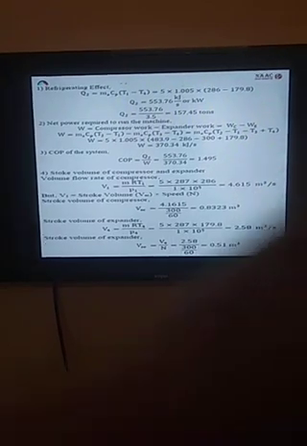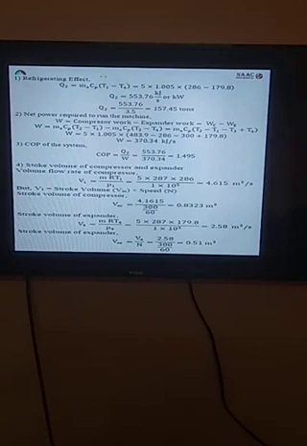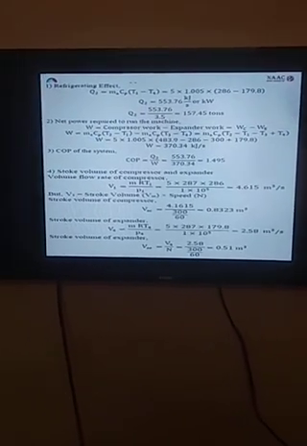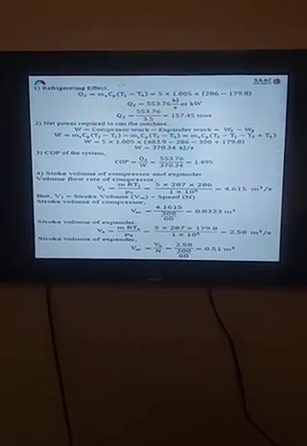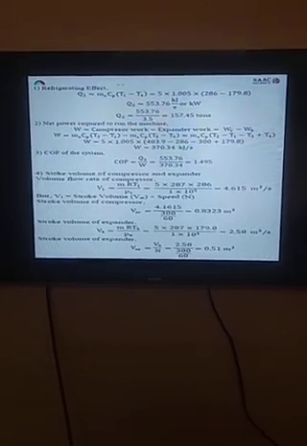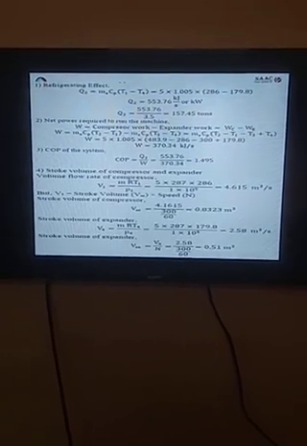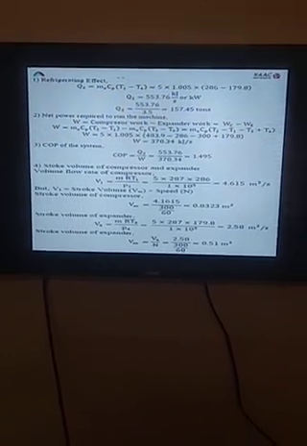The remaining parameter, that is the stroke volume of compressor and expander, is calculated like this. The volume flow rate of compressor is calculated by the formula which we know, that PV is equal to MRT. This is the basic formula. Here the compressor entry point is point number 1, so all the notations are 1. So V1 is equal to MRT1 divided by P1.